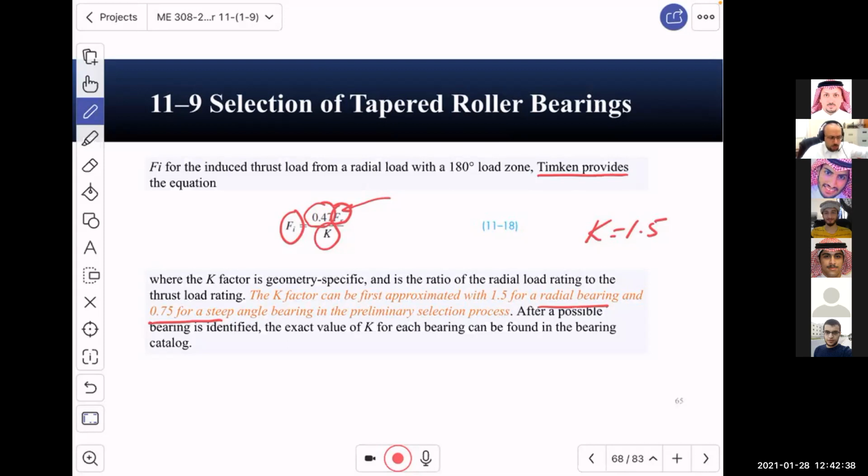I'm going to make it 2 or 3 or 1. It's up to you. But how long it would take you to arrive at the correct answer is different. We think that these values were tabulated because they are a good first approximation. Understood? Okay. Come back to that K.